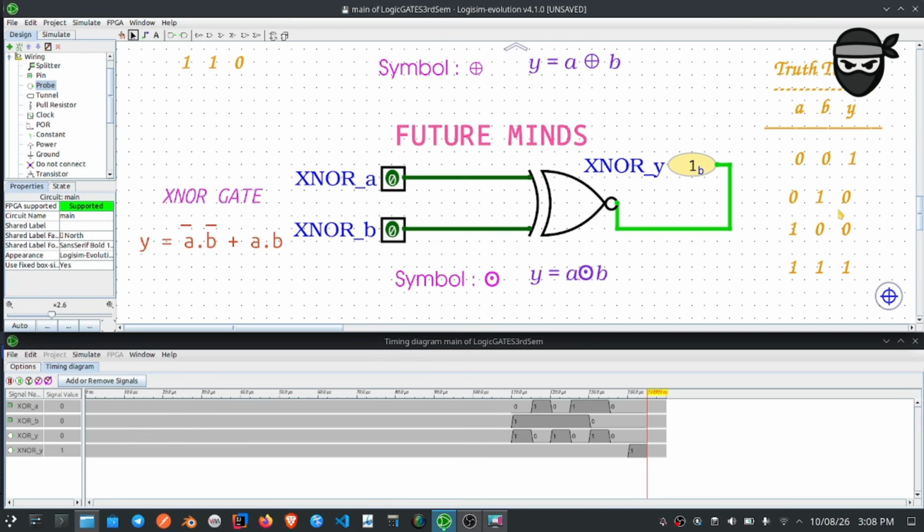Here it is the complete opposite of the XOR gate, where at the same state when both pins are, we get the output at high voltage, but when both of the pins are at different states, our output is low. Let's verify it.